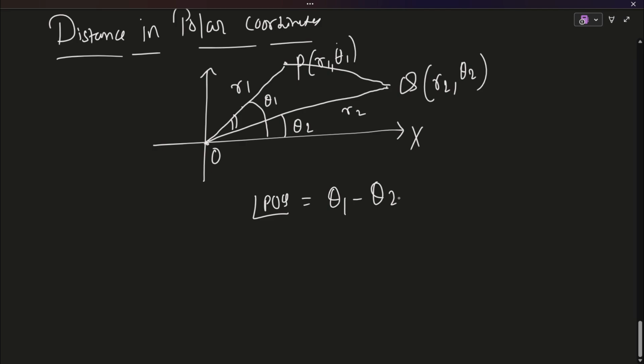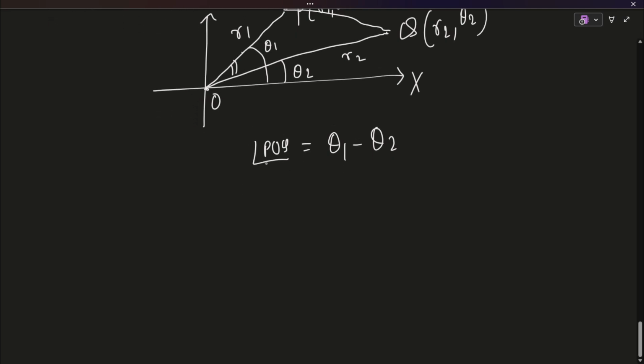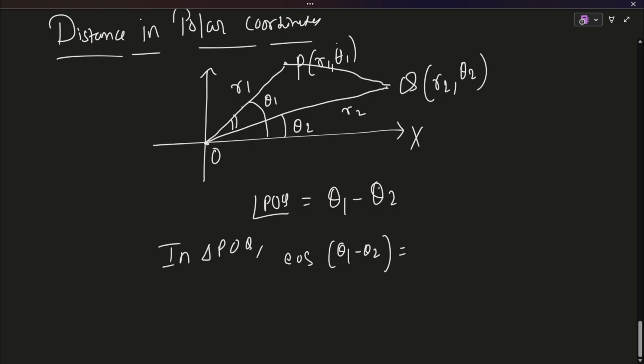And if we were to apply the cosine formula now in the triangle POQ, it would give you the required answer, because in triangle POQ, cosine of theta 1 minus theta 2 should be equal to. So remember the cosine formula. If you're doing it on a specific angle, let's say this angle in this triangle, you simply add the sum of squares of sides that make up the angle.